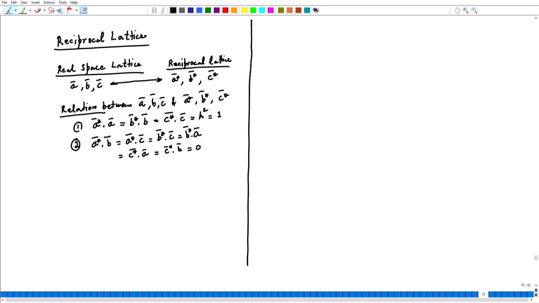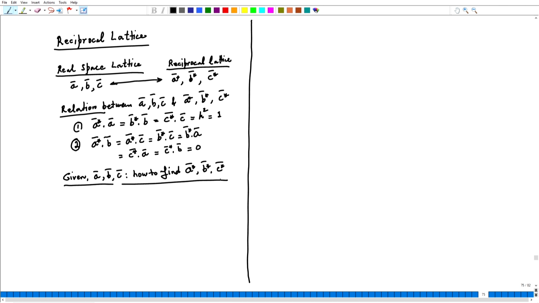However, if I am given a set of vectors A, B, C, the question is how to find the reciprocal vectors A star, B star and C star.